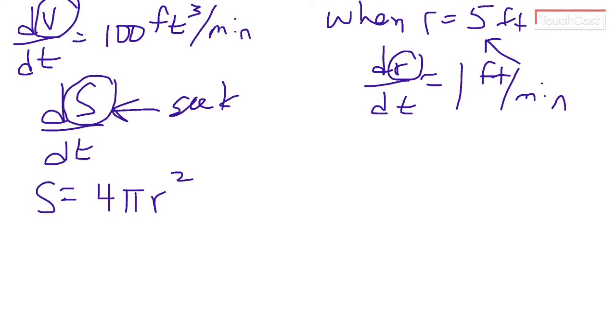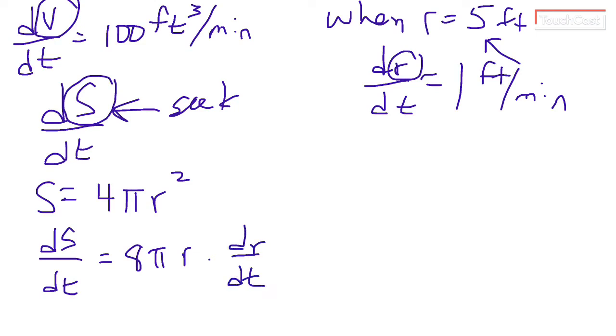Now I have an equation that contains S and r. I'm going to take the derivative of both sides with respect to time. The 2 multiplies the 4 to make 8 pi r, and I'm going to multiply by dr/dt. The thing I'm looking for, dS/dt, is already isolated in my formula.